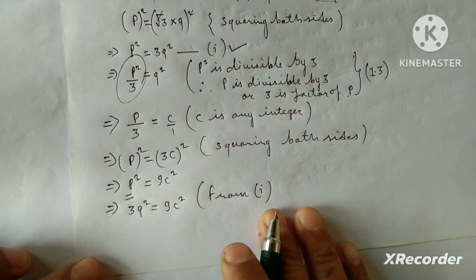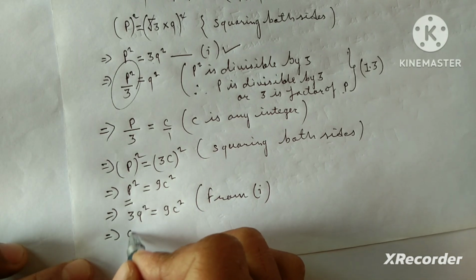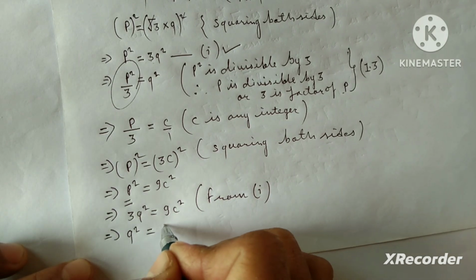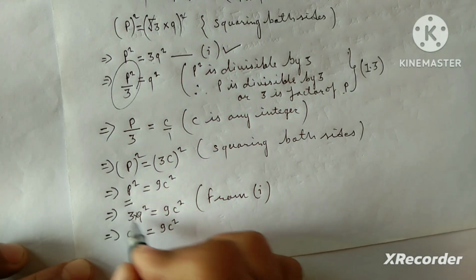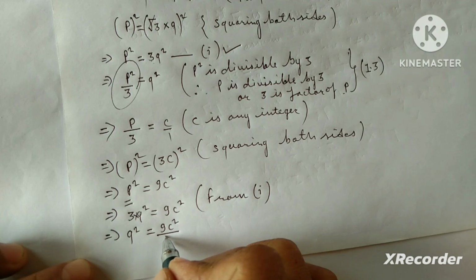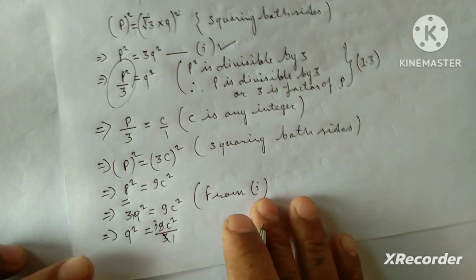Right? Again, q square equal to 9c square by 3, so 3 ones are 3, 3 threes are 9.